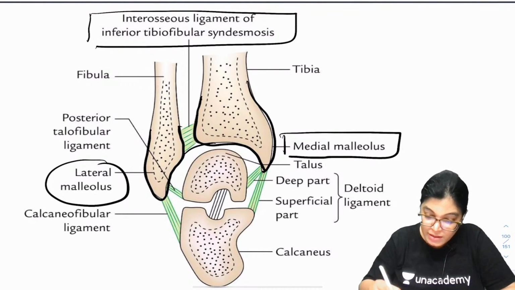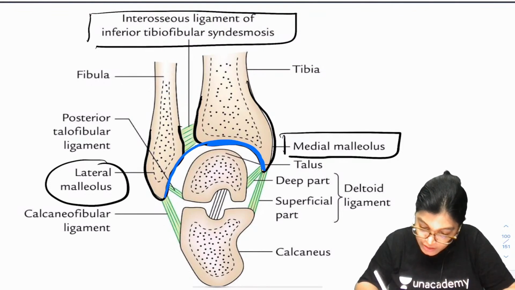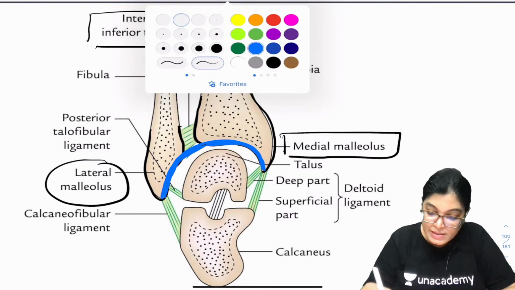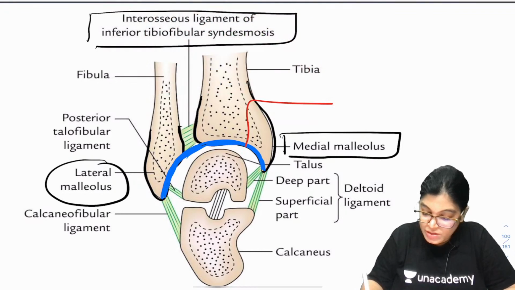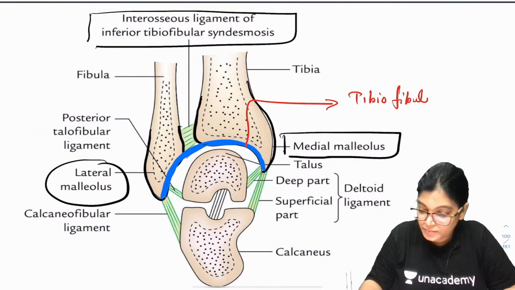Together, I am using blue color to highlight this. As you can see, it has a concavity in the middle, and this concavity is forming which structure? The tibiofibular mortise.